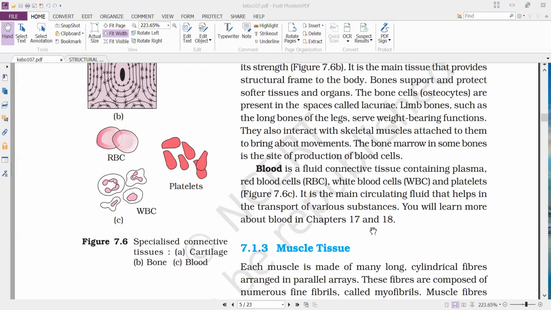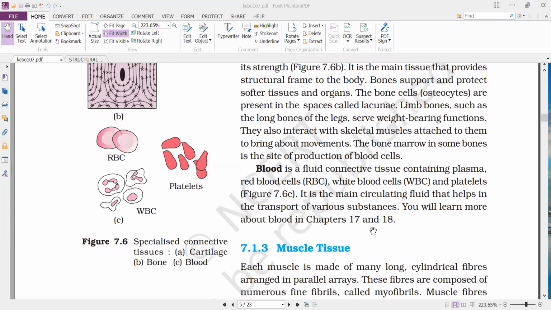Here we are discussing with reference to vertebrates. It is the main circulating fluid that helps in the transport of various substances.